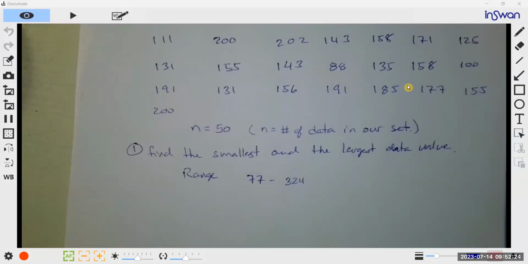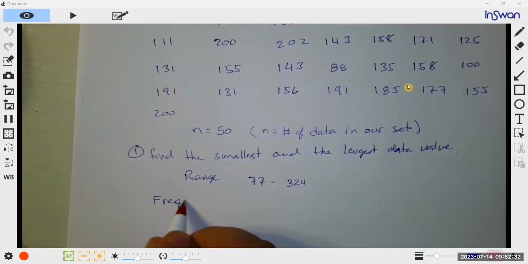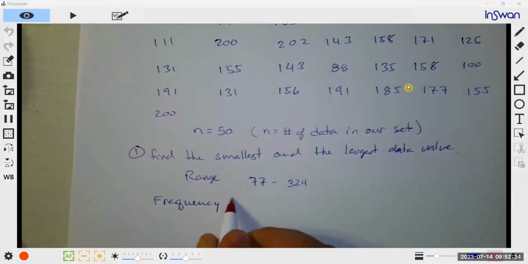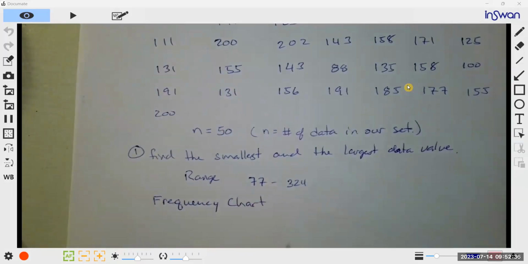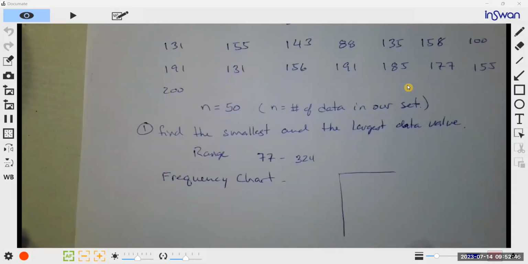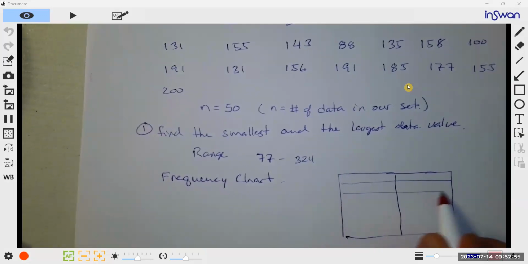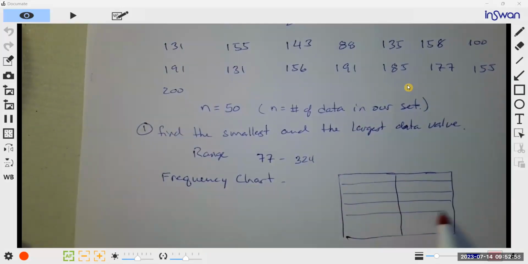So what we have to do here is create what we call a frequency chart. A frequency chart is just a little table, and we separate our data into different classes.